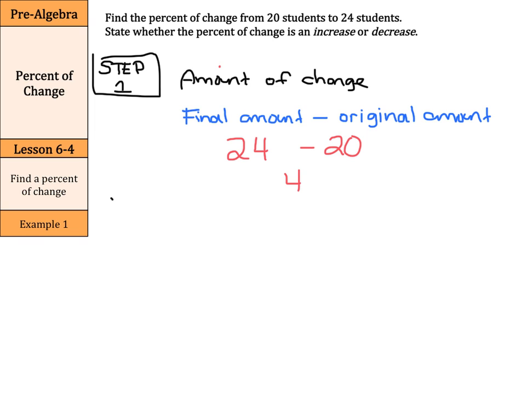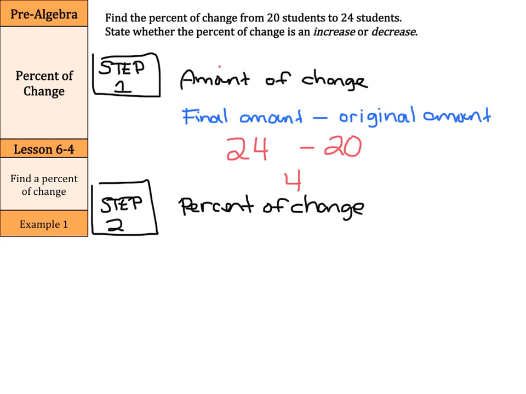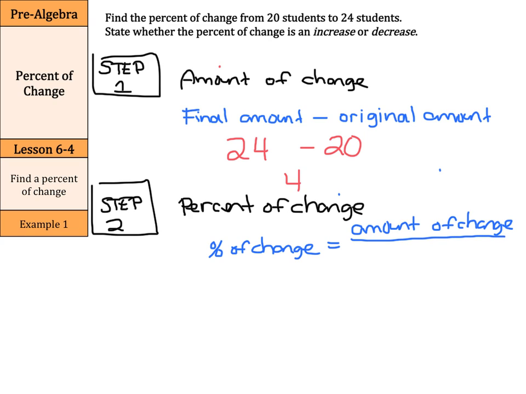Now our second step, step 2, is going to be actually to find percent of change. Now remember, percent of change can be found by looking at the ratio of our amount of change divided by our original amount.